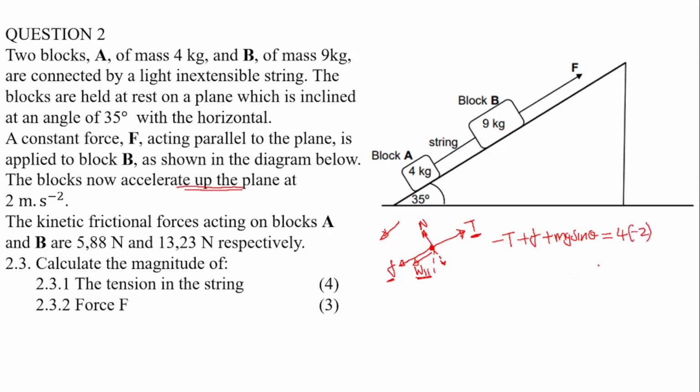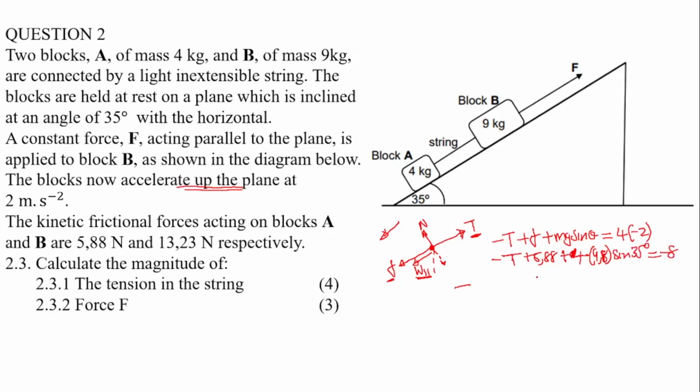Now you see that we can also do that, then become negative T, and then plus 5,88 plus 4, that's the mass there, that's the m, and then 9,8, then sine 35 is equal to negative 8. See that?